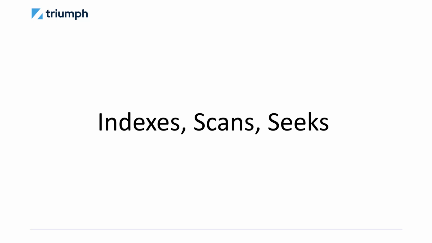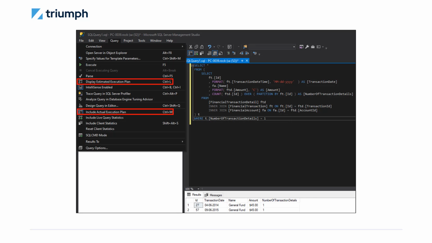Okay, so bearing that in mind, we're going to change gears here just for a second. Here we're looking at Microsoft SQL Server Management Studio, or SSMS. In this tool, there are multiple tools, but we're just going to focus on this one. Under the Query menu are two options. You can display the estimated execution plan, or you can include the actual execution plan. What we're going to be looking at here is just the actual execution plan.